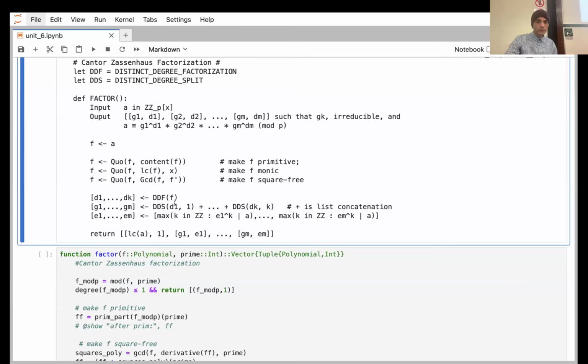So for each G1 that comes out of here, each of these G's is going to be an irreducible polynomial, which is guaranteed to be a factor of the thing that we're trying to factor. So for each of these G's, we have to try to remove it from A as many times as we can. So that's what this is doing.